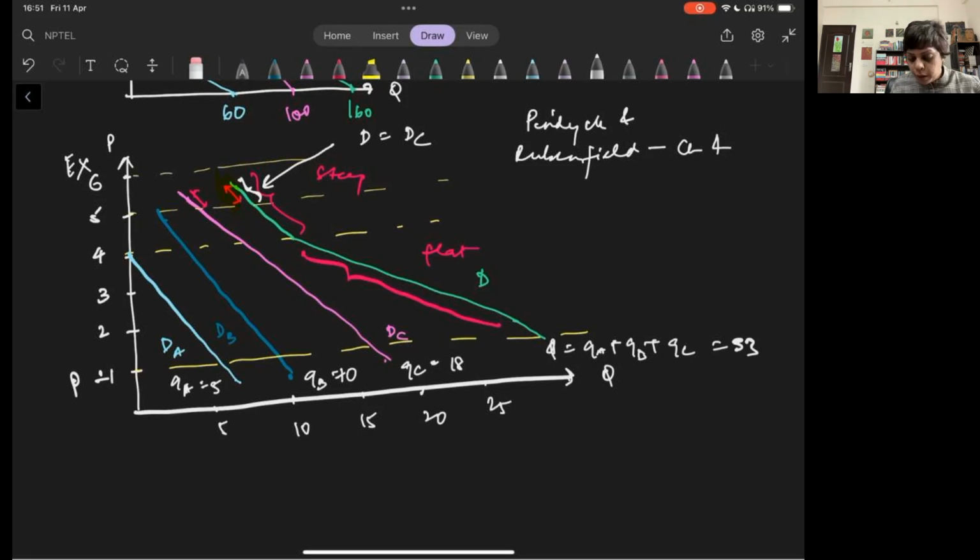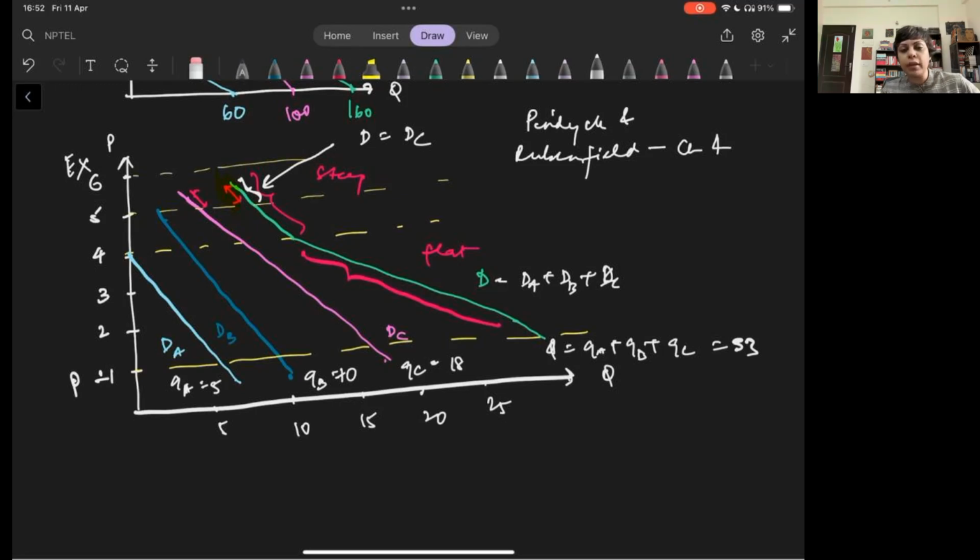And in this big part, D is equal to dA plus dB plus dC. So it is going to be flatter than the flattest curve. Flat means what? Q is very high for the same price. Understood? So that's why your question is saying something like, at any price, the market demand curve is at most as steep as the steepest individual demand curve.